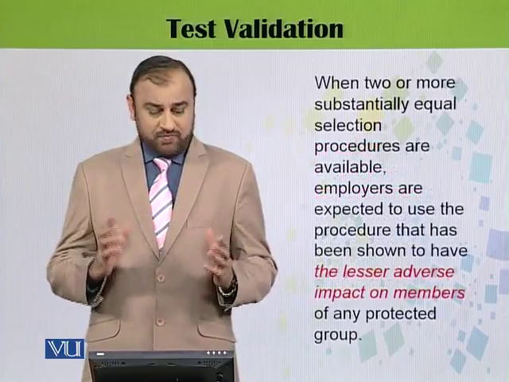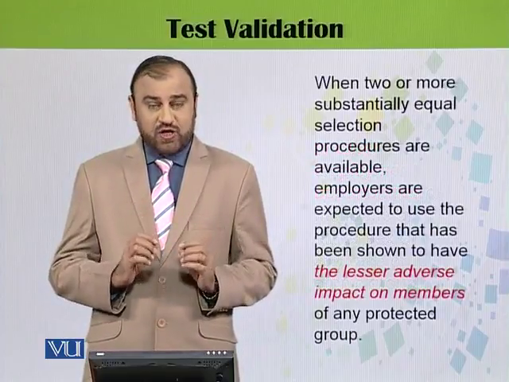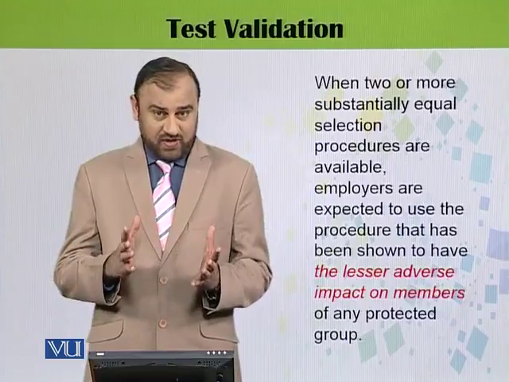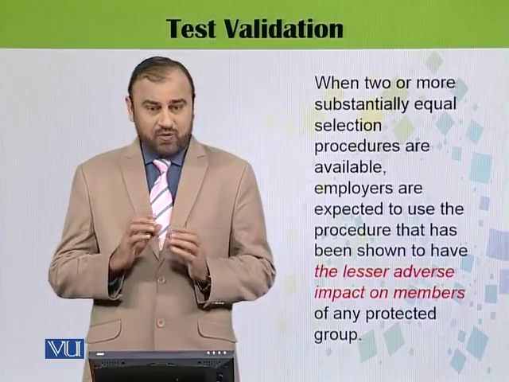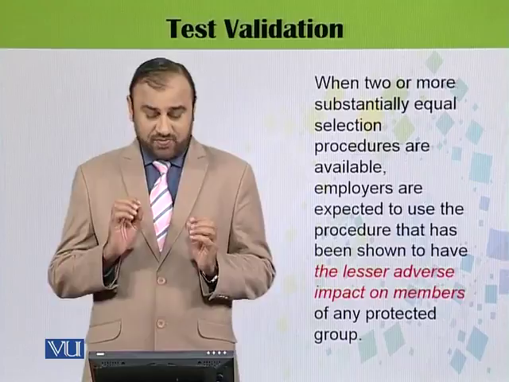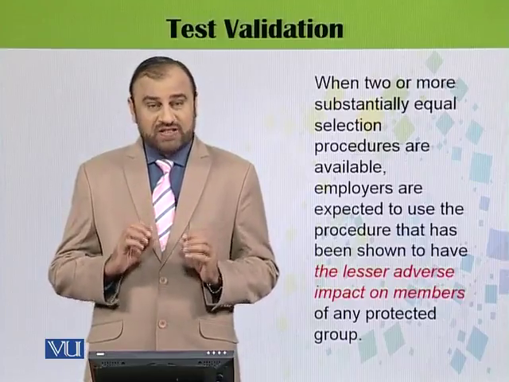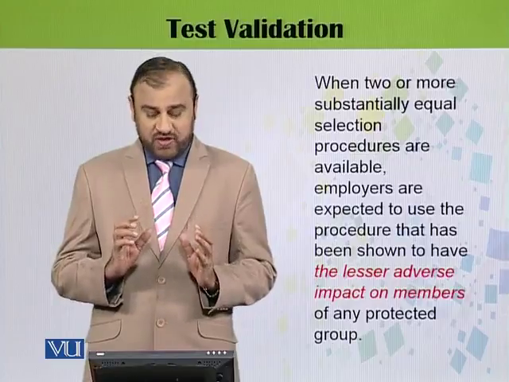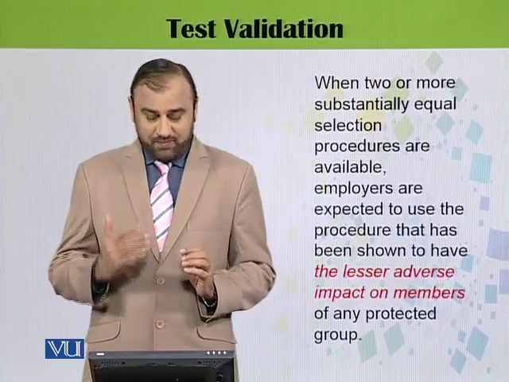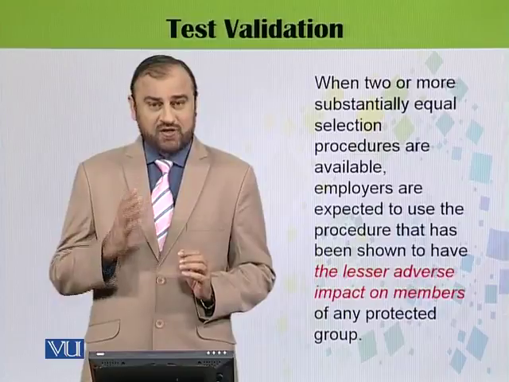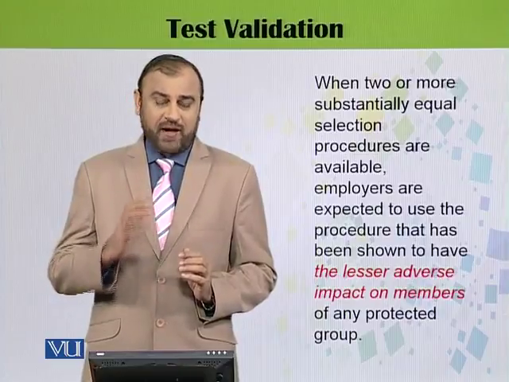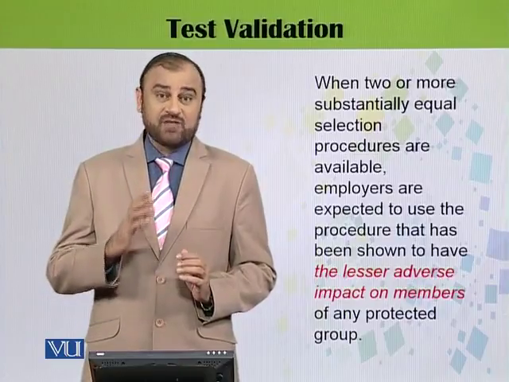Just assume that two or more substantially equal selection procedures are available, meaning two similar selection procedures are available. Then employers are expected to use the procedure that has been shown to have the lesser adverse impact on members of any protected group. You know that members of the protected groups are also part of the selection procedures.